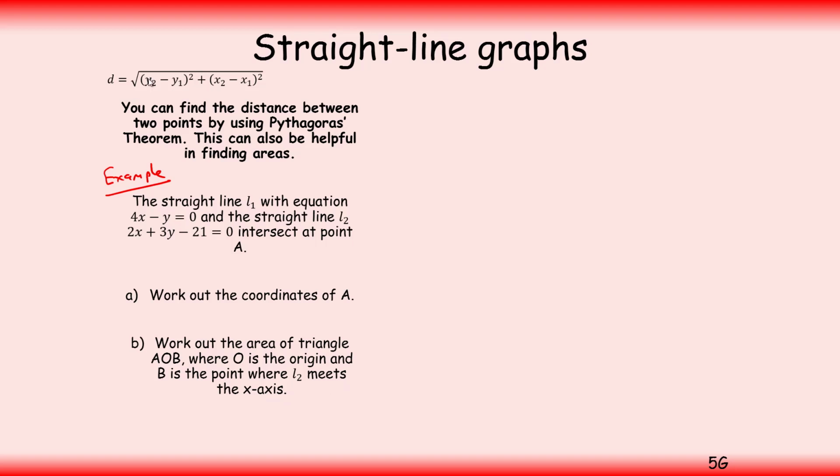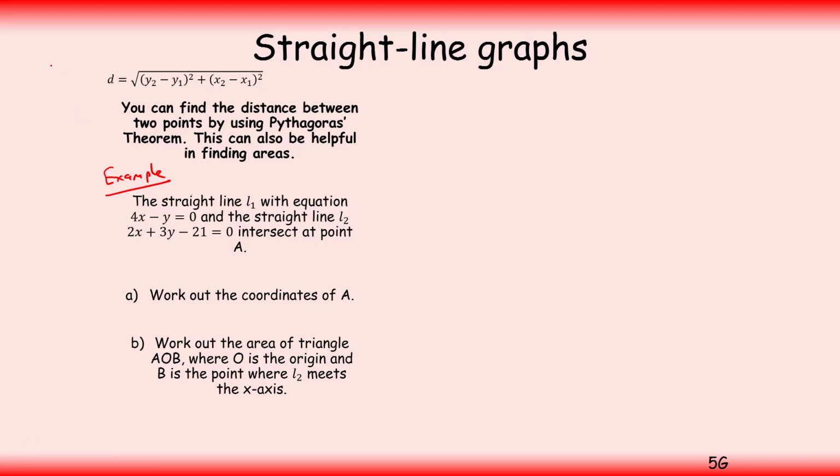I'm just going to do a quick sketch here of what these two lines look like where they meet. If you're at home, you've got your Desmos on your phone or your tablet, use it now and quickly sketch the lines. If that's not very good straight lines, I'll have another go.